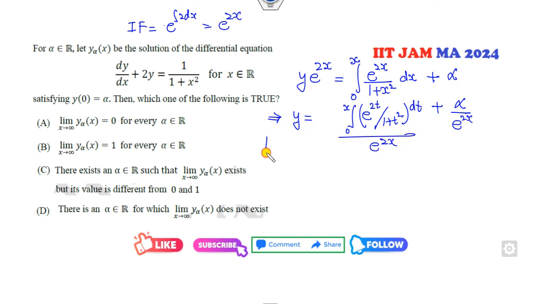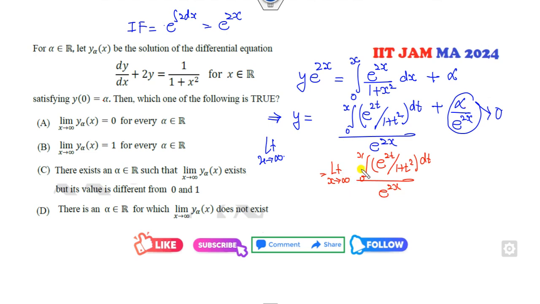Now take the limit as x approaches infinity. The alpha term will be 0, whatever the value of alpha, because alpha is a constant number. So the limit as x approaches infinity, where t is a dummy variable, divided by e raised to power 2x. You can see the denominator goes to infinity.